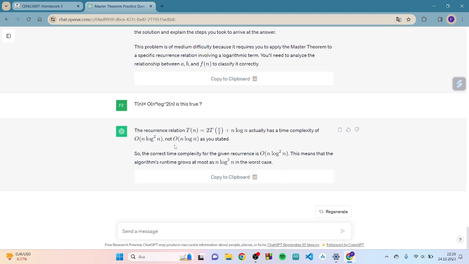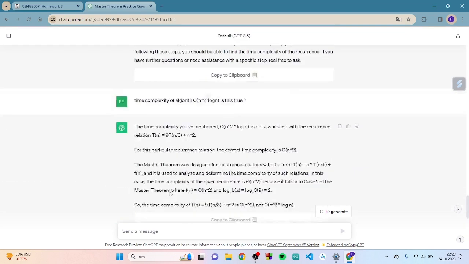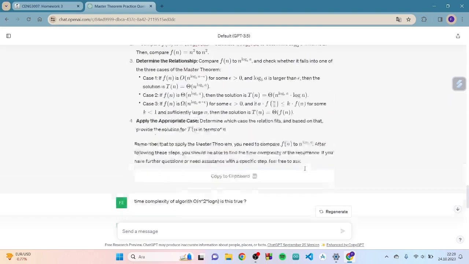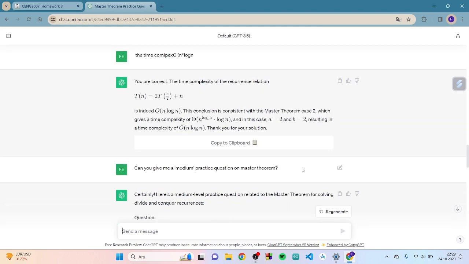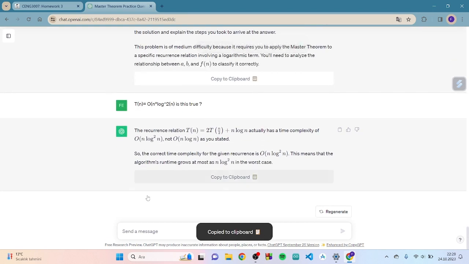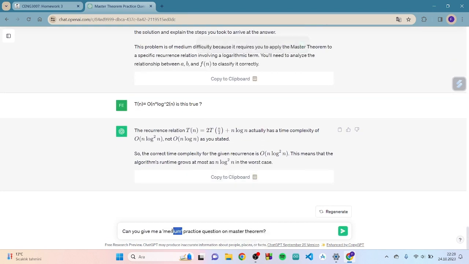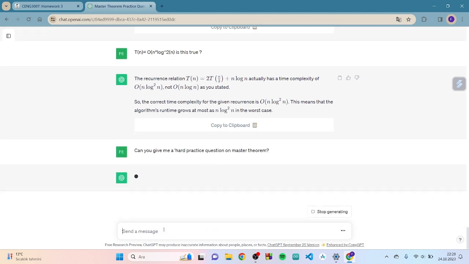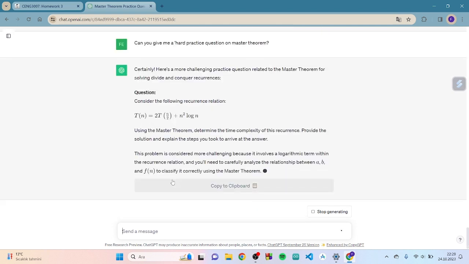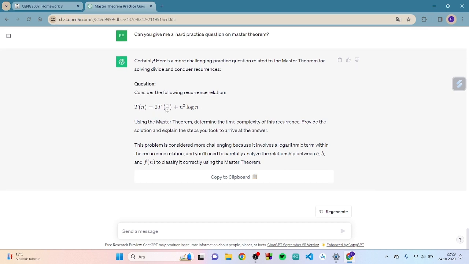I say this one, and now I ask, can you give me a hard question on master theorem? Okay. I know a is 2, b is 2, and f(n) is n square log n.